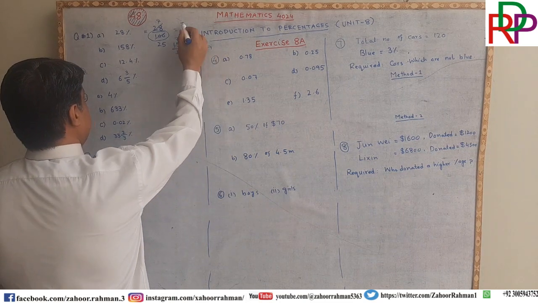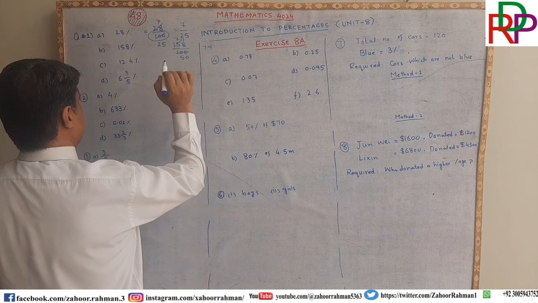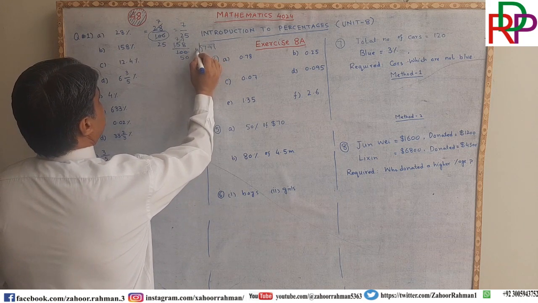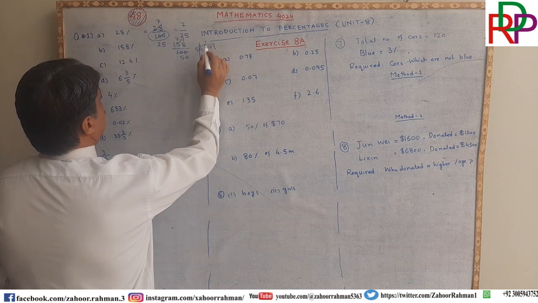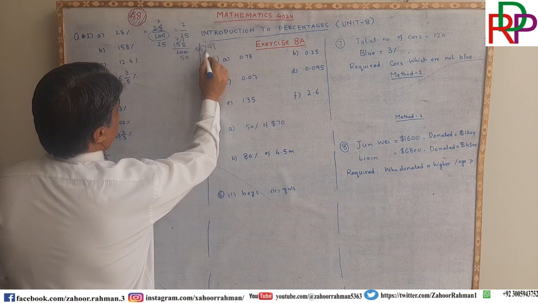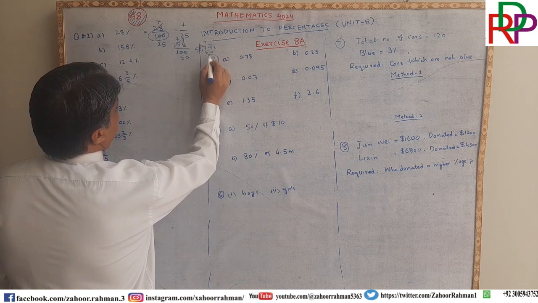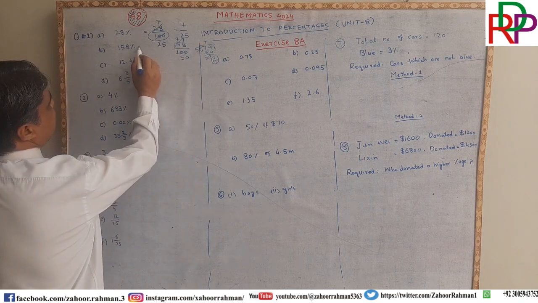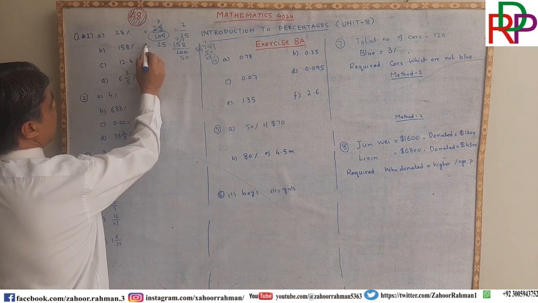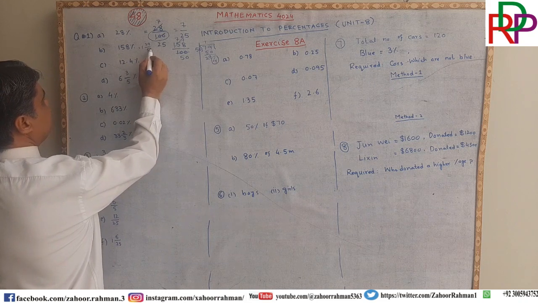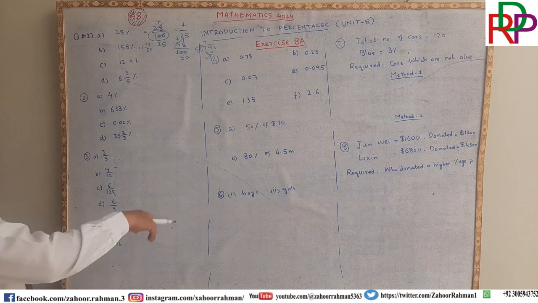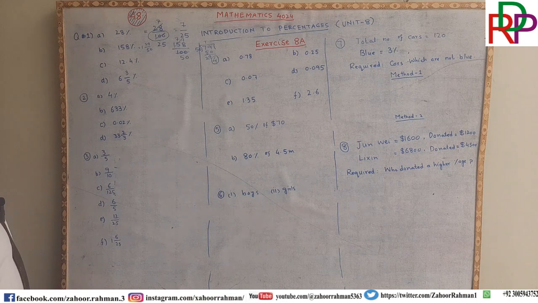So 79 was not divisible by 25, so we did not simplify it further. But 79 is divisible by 2, so you have to write it as 50 and then 9 over 20. So the answer of this will be 1 whole 29 over 50. You are writing it as a fraction, which in turn we can call a mixed fraction.